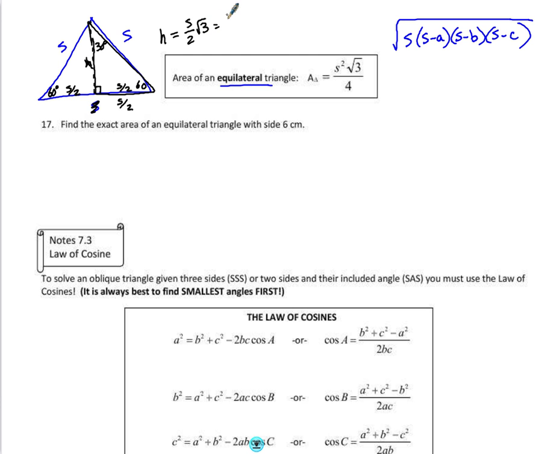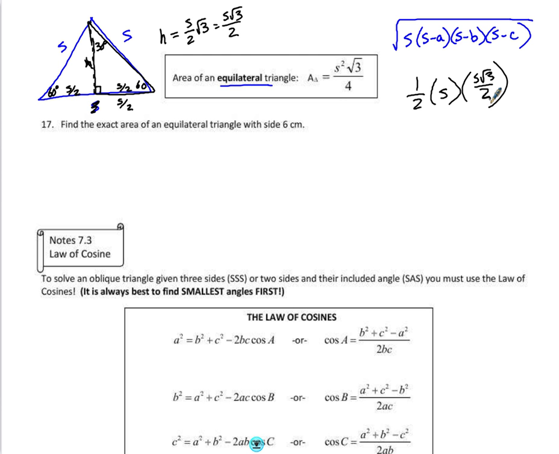That's the height with respect to S. Now, one half the base, which is S, times the height, which is S square root of 3 over 2. Collapse that together by multiplying and you get S squared times the square root of 3, all divided by 4.